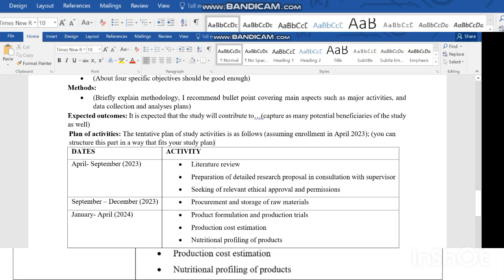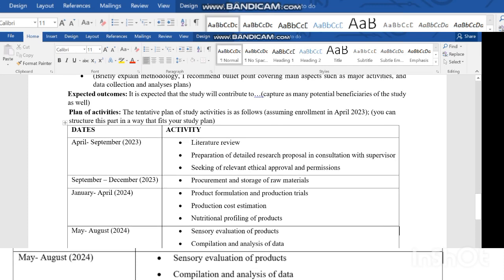So if, let's say, in the application document you indicated that you want to enroll in the October-September period, then you will say plan of activities tentative, assuming enrollment in such. Or if you chose April, you can just say assuming enrollment in such. Or if you chose both, you can just say tentative, and structure it according to what fits.